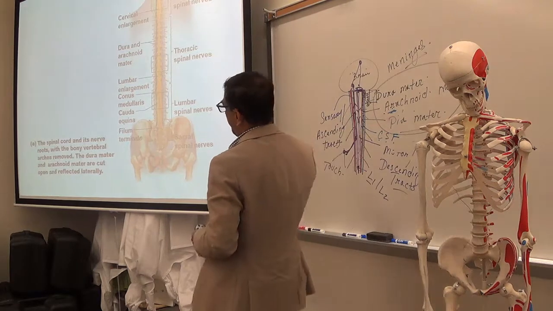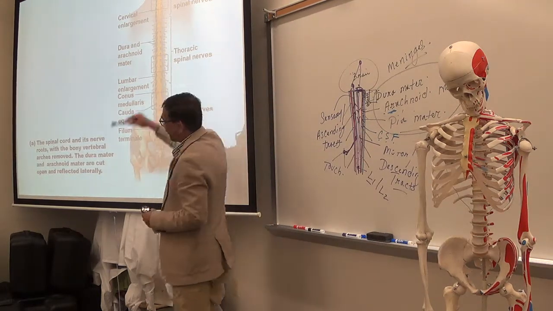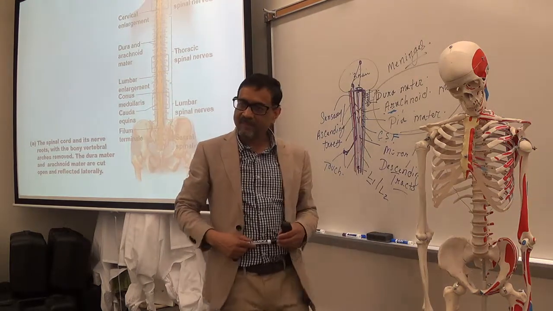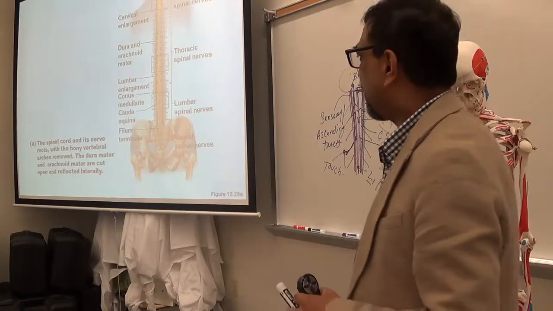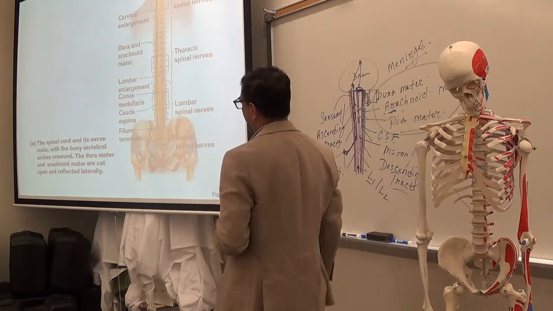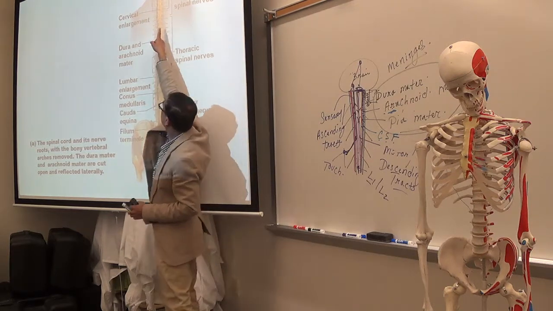One is in the cervical area here, and another is in the lumbar area. Make sense? So that's why they are called cervical and lumbar enlargements. Slightly wider here and here.